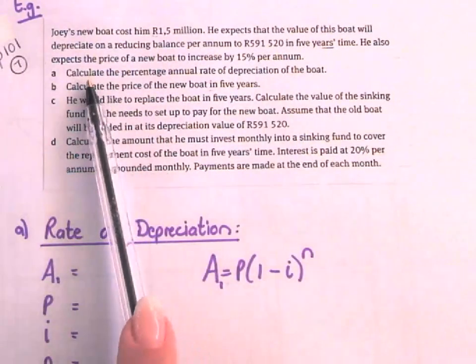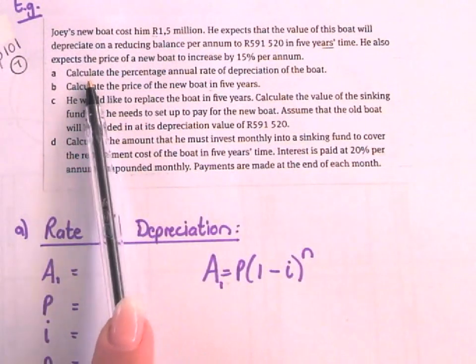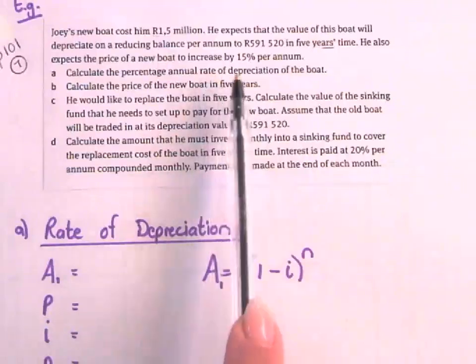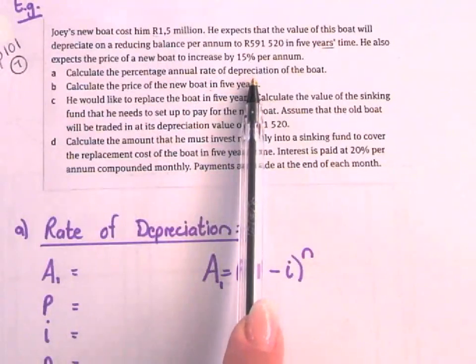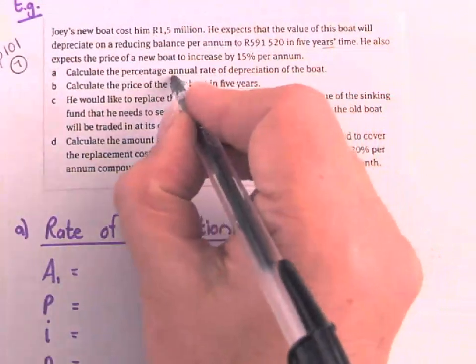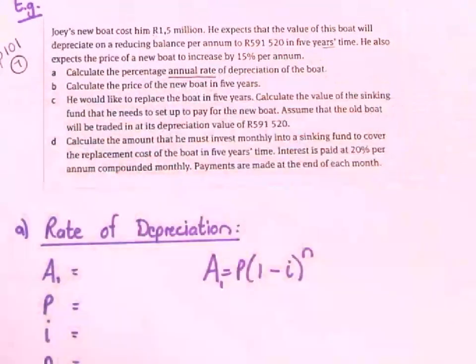Now, the first question that they will ask you is to calculate the percentage annual rate of the depreciation of the boat. Or they can ask you to calculate the value of the boat after 5 years. If they ask you to calculate the annual rate, you must remember your answer must end with a percentage.